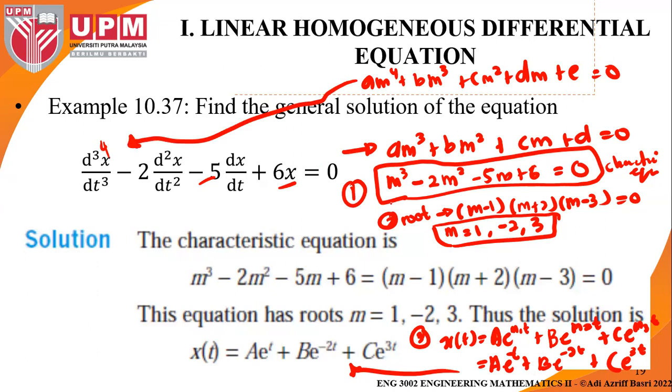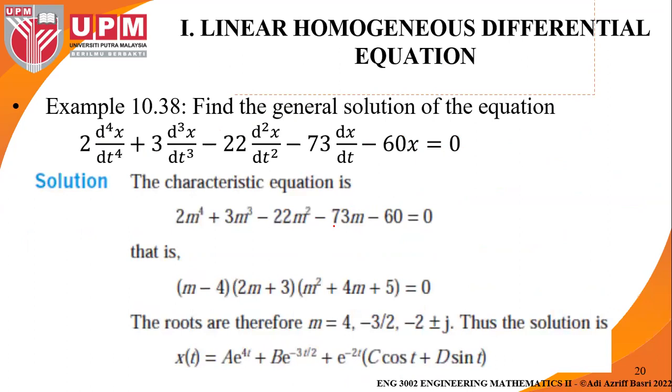Once you get this one, you need to find the roots. In this case, you need to factorize. You get three roots, which are m1 is 1, negative 2, and 3. Then you find the solutions by x(t) equal to a exponent t and just plug into the equations.